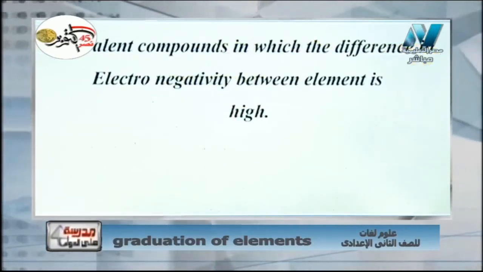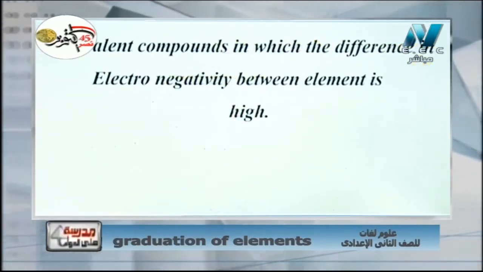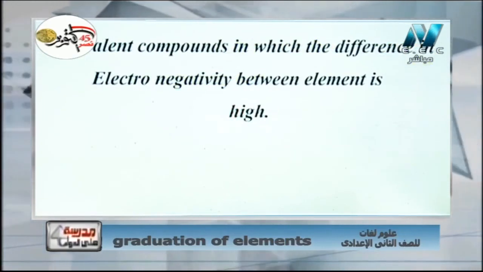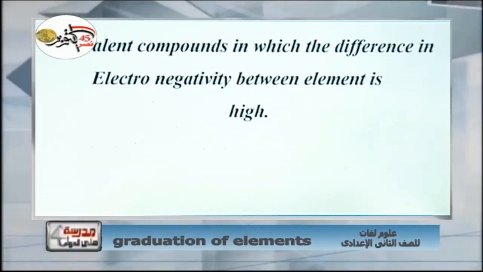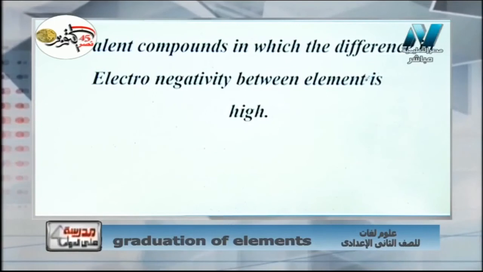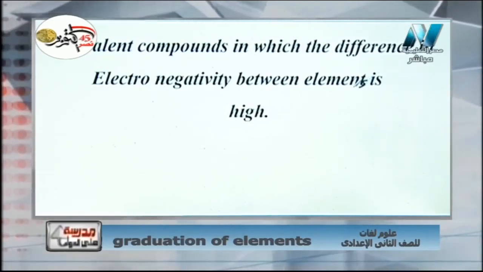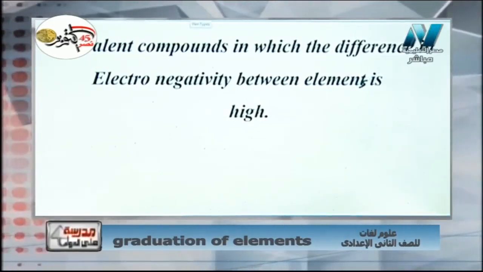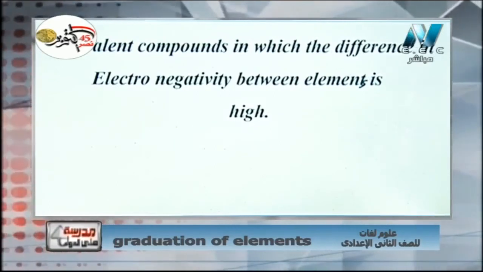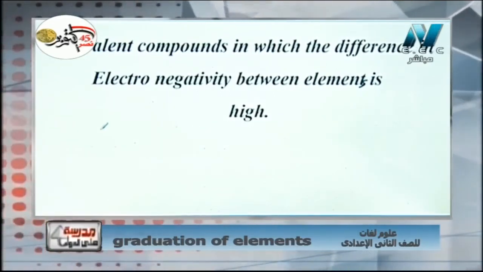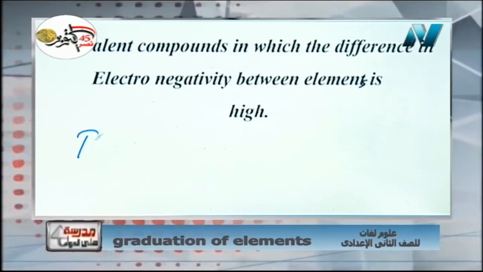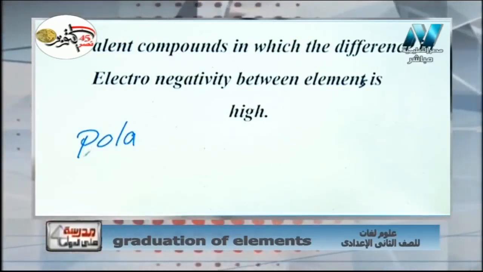Number 4, a covalent compound in which the difference in the electronegativity between elements is what? Is high. We talk about a compound like water. This compound is called what? Is called a polar compound.